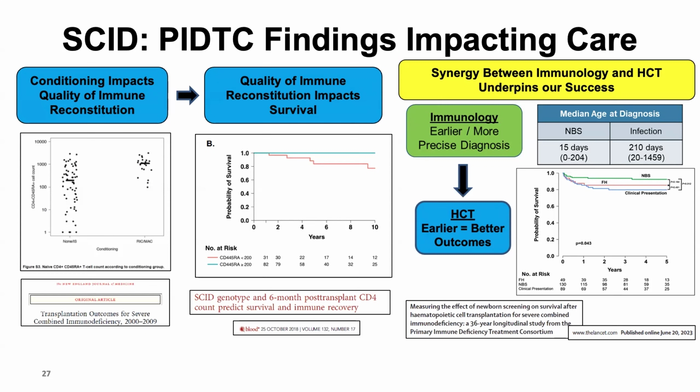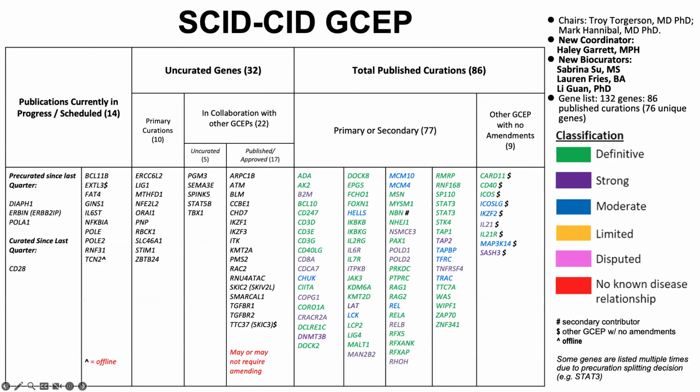So it's really pressing that we clear up ClinVar and make it really clear which variants are pathogenic and which ones are not, because clinicians all over the country now, every state is doing SCID newborn screening. They get the genetics back and they go, is this a VUS or is this pathogenic? And yes, you can do other studies to figure that out in the lab, but those take time. And we clearly showed in this study from PIDTC that outcomes are better the earlier you can transplant, decreasing the risk for infection. So that's why the work that you all are doing is so urgent.